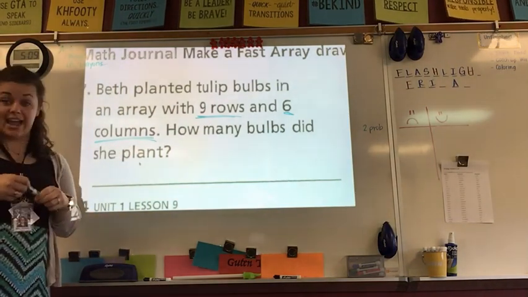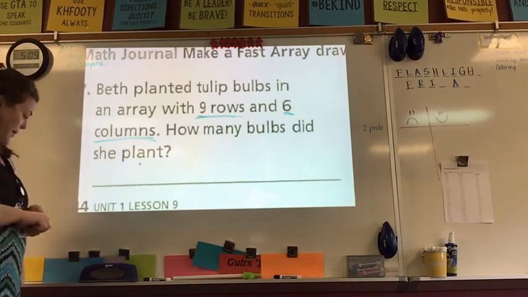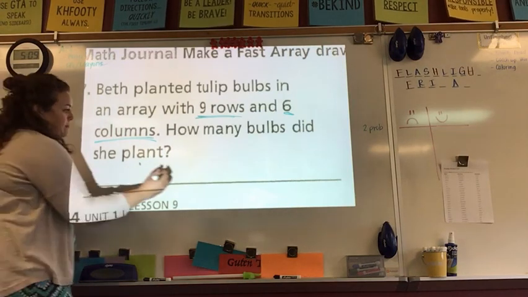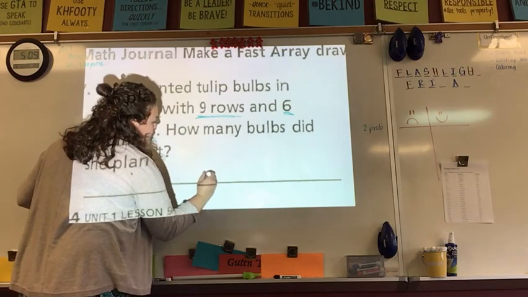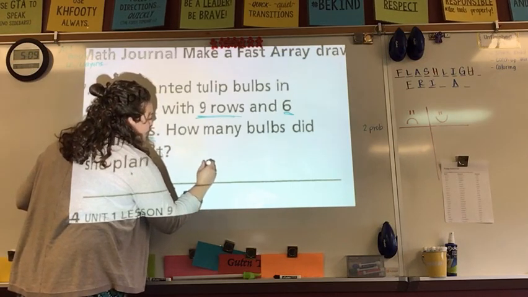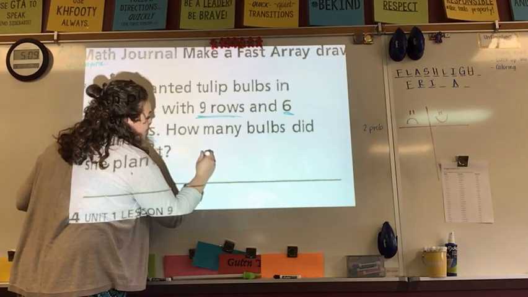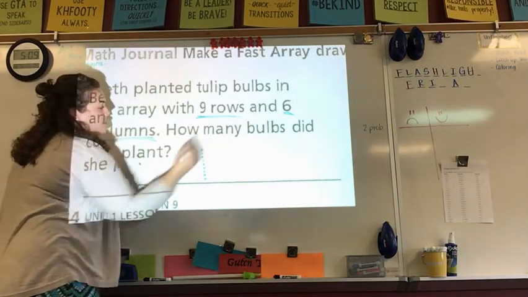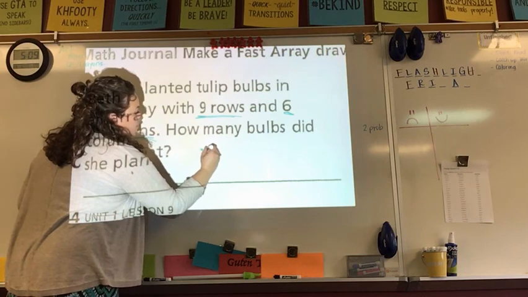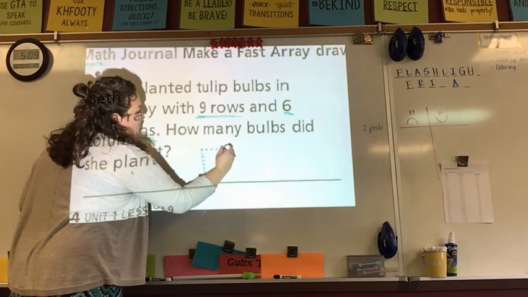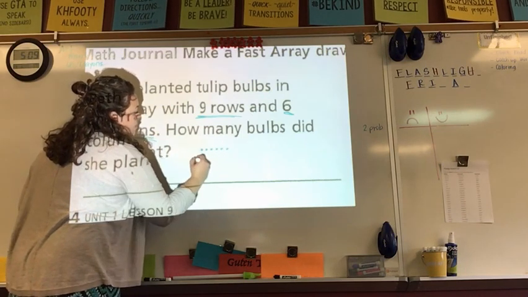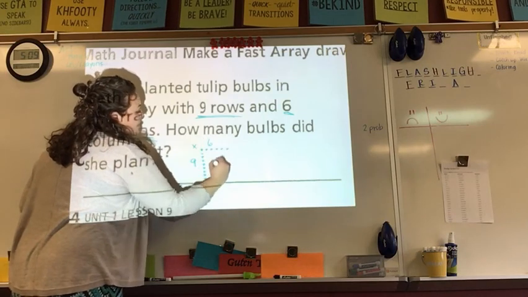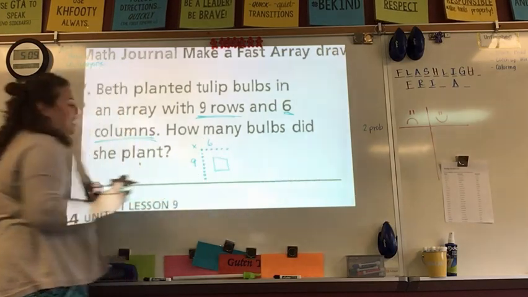Let's draw a 9 by 6 array. 1, 2, 3, 4, 5, 6, 7, 8, 9 by 6. 1, 2, 3, 4, 5, 6. And that 9 by 6 array will give me my answer.